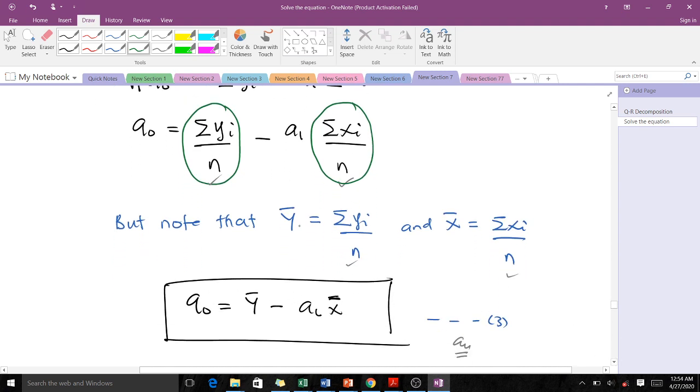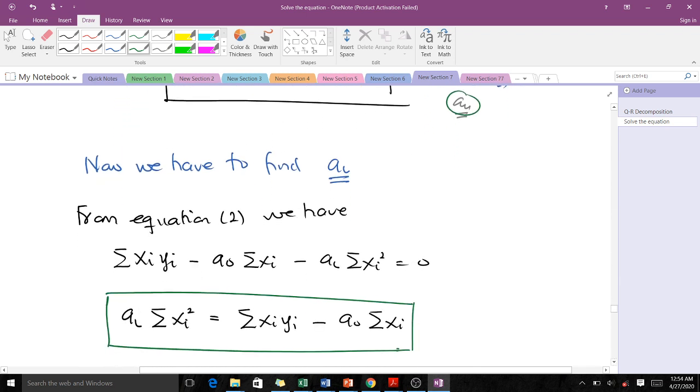So note that y bar, which is the mean of y, is this, and x bar, which is the mean of x, is this. So that means that finally our a naught will be y bar minus a1 x bar. So this is the formula for estimating our a naught. But remember that it has an a1 here. So that means before we can estimate our a naught, we have to know what our a1 is. So now how do we get our a1?